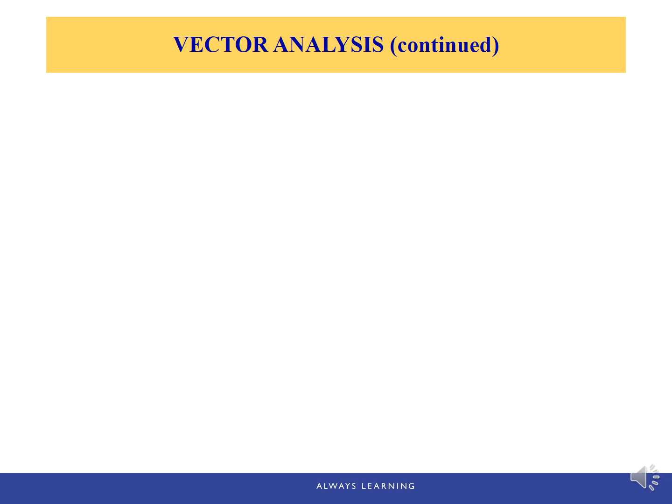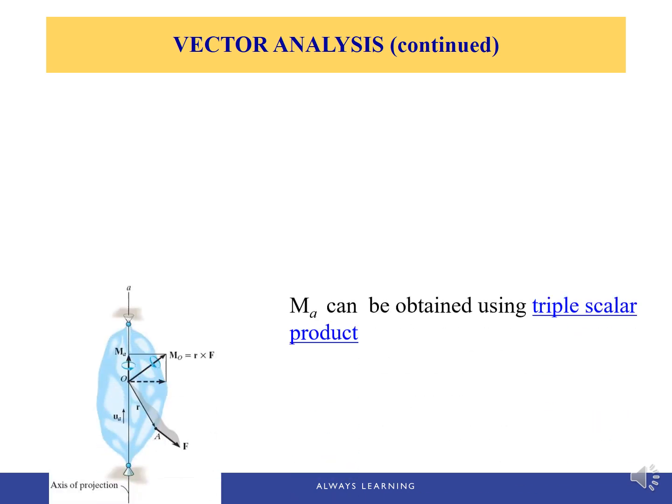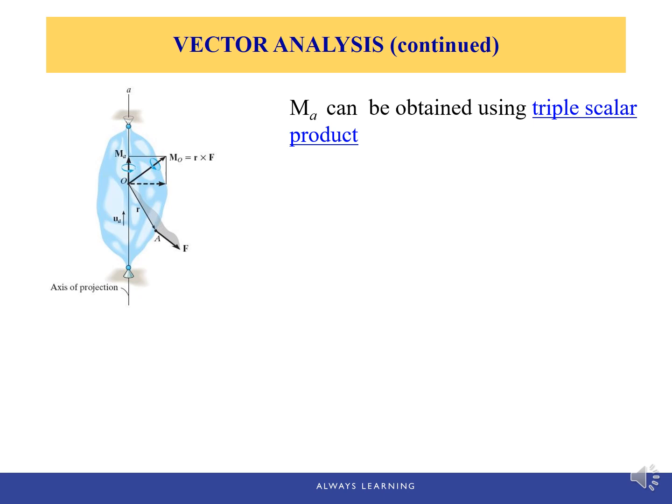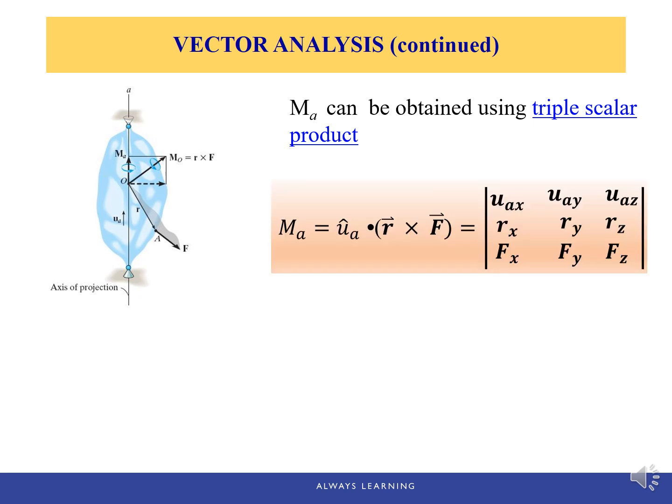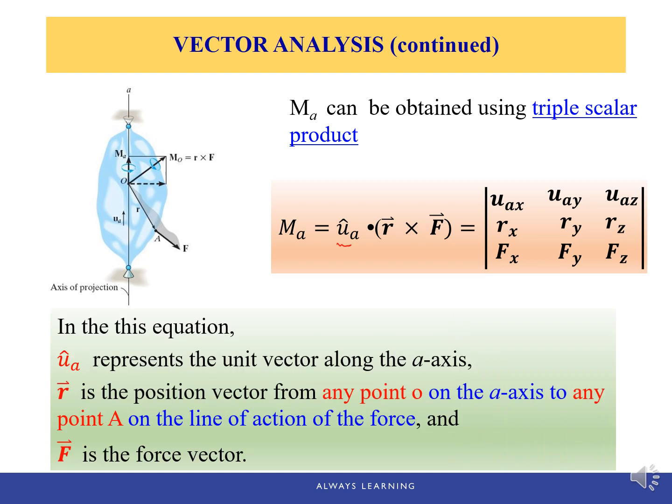In conclusion, the moment of a force F about a given axis A can be obtained using triple scalar product, which means we can use the unit vector UA, which is the unit vector along the A direction, dot the cross product of R cross F, where R is a position vector from any point O on the A axis to any point A on the line of action of the force.